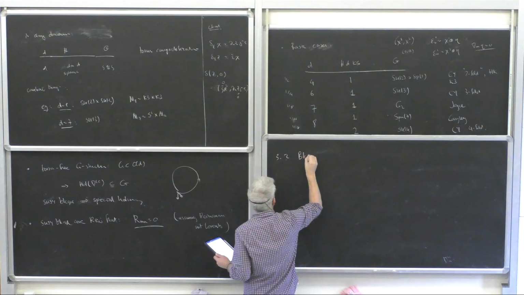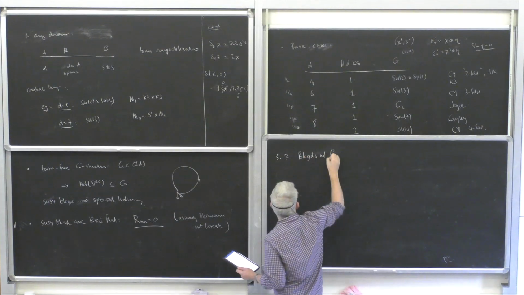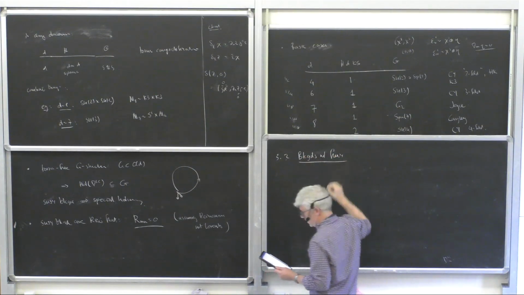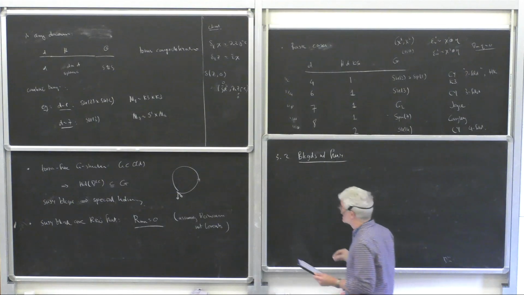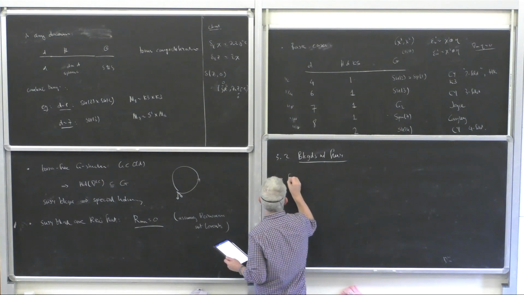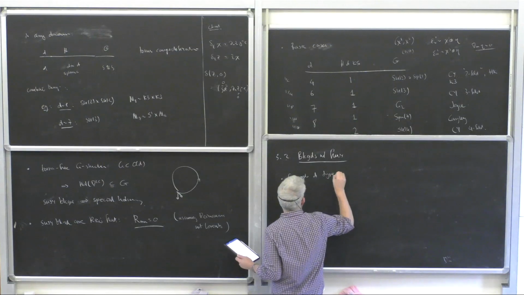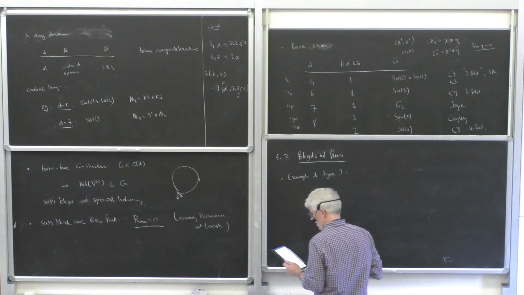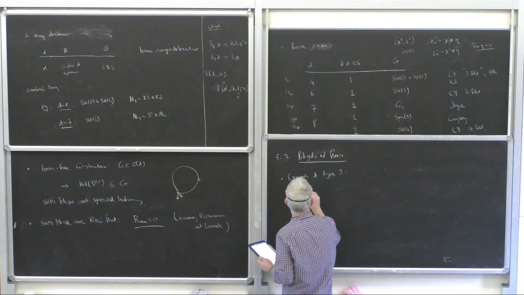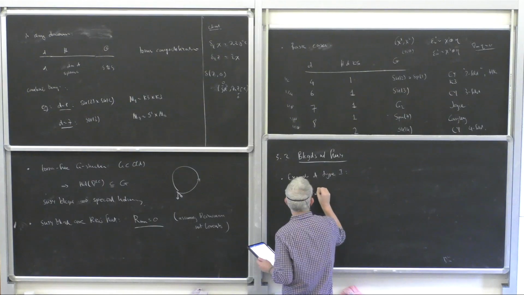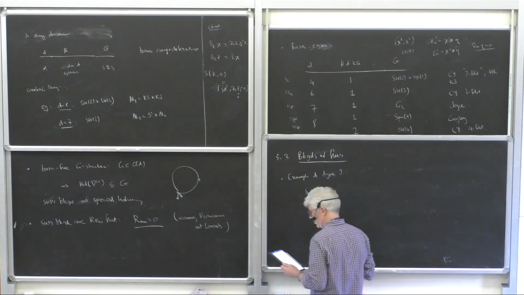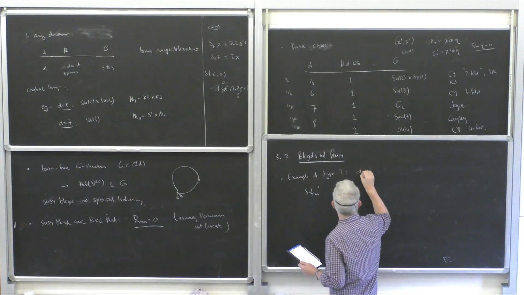Backgrounds with flux. So let's do an example. So let's do the example of type I. And what I have then is a variation of the gravitino, and it's positive chirality. So this is in D equals 10.